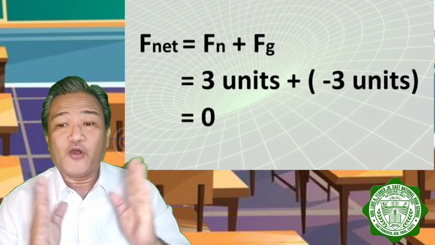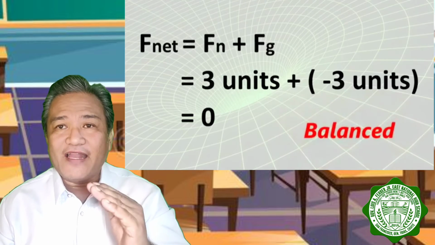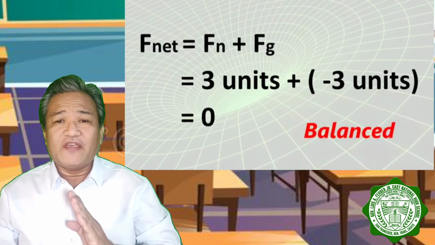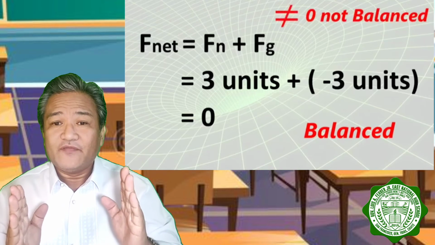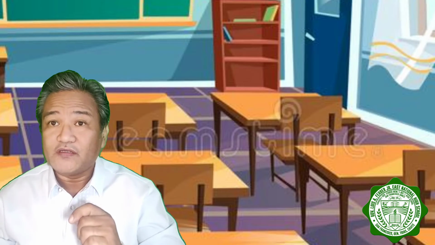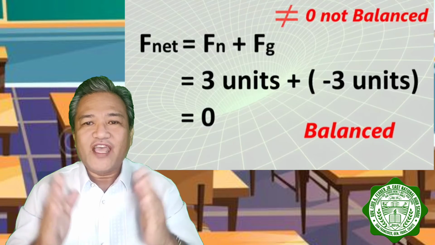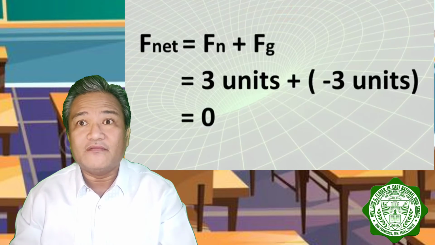If the sum of the forces equals 0, they are considered balanced. If the algebraic sum is not equal to 0, the forces are not balanced. The non-zero sum is the net or the unbalanced force. This unbalanced or net force would cause a change in a body's state of motion.